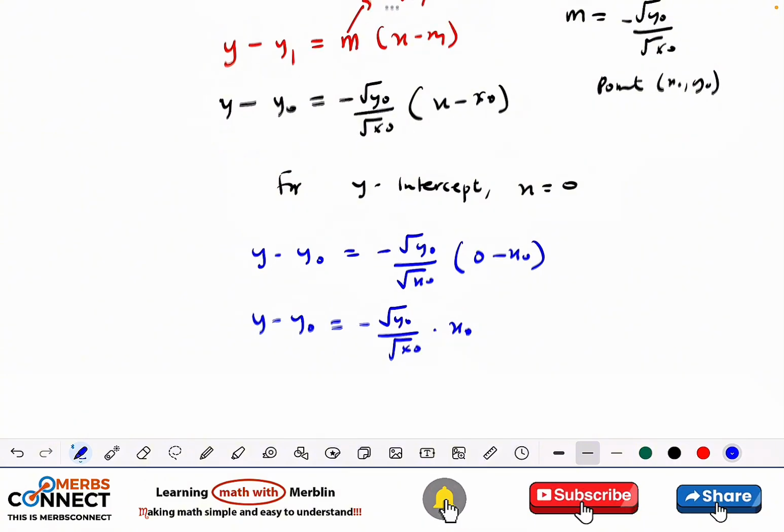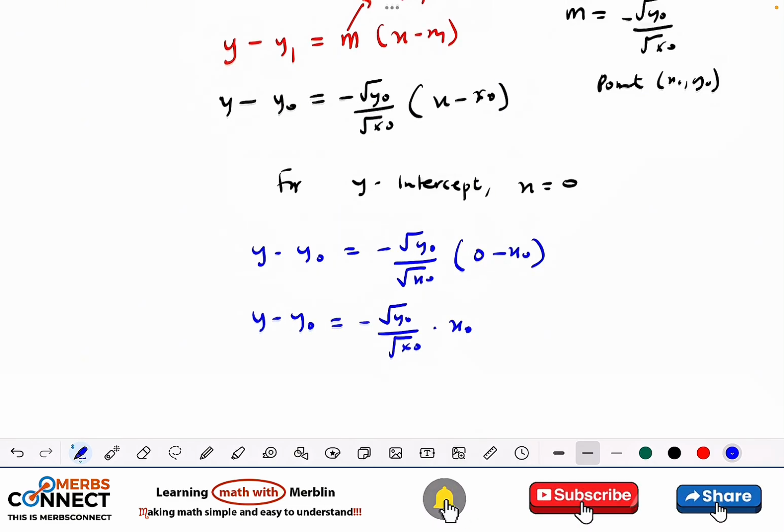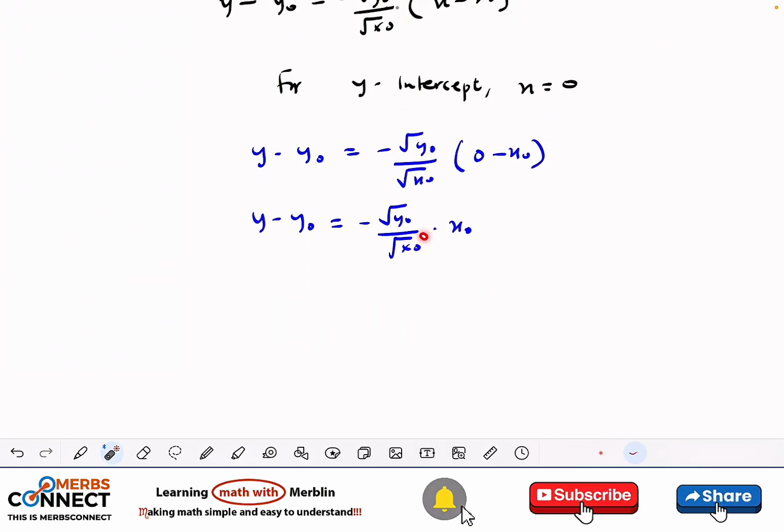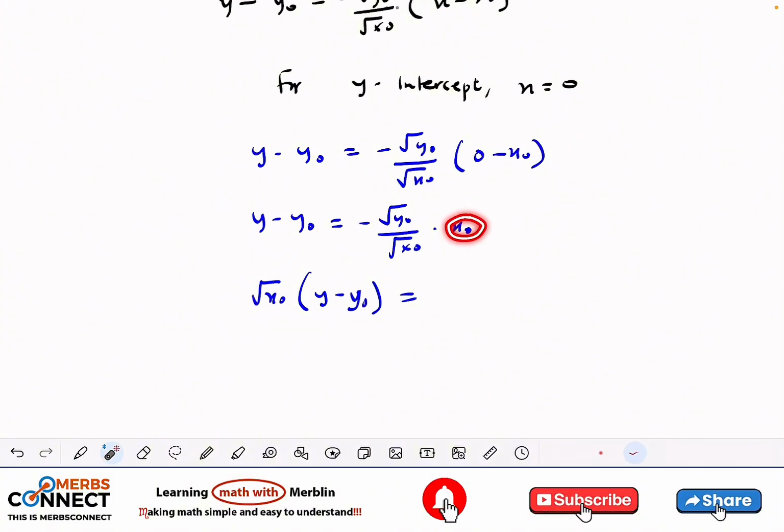But let's try and do some small simplification from here, and then I think we can do the idea of adding them together. So I can multiply this to this. So I'm going to have root of x naught times y minus y naught, which is equal to then this to this.